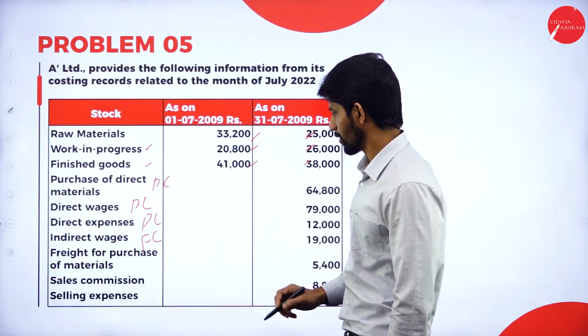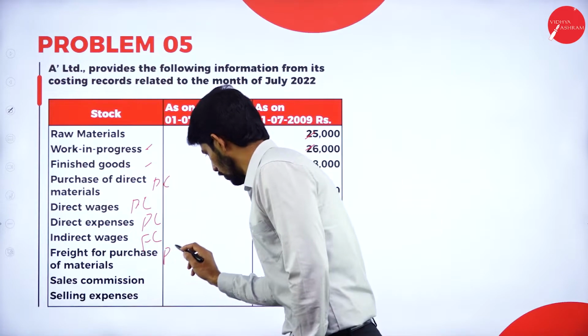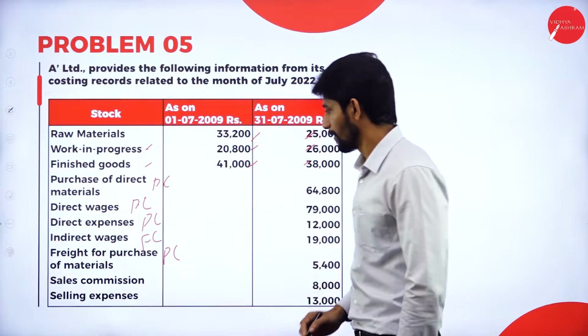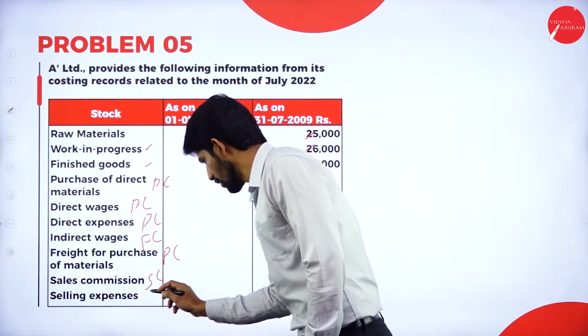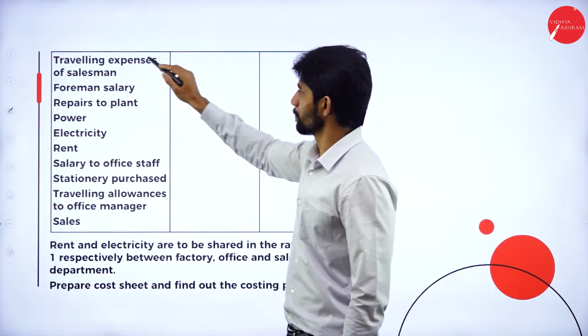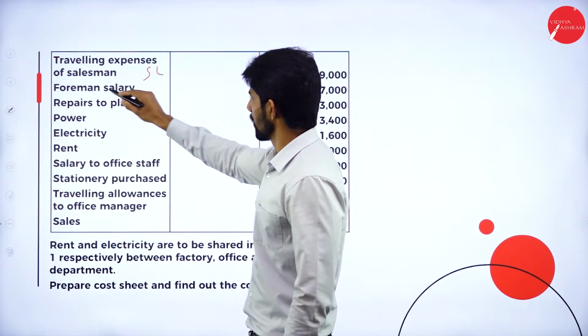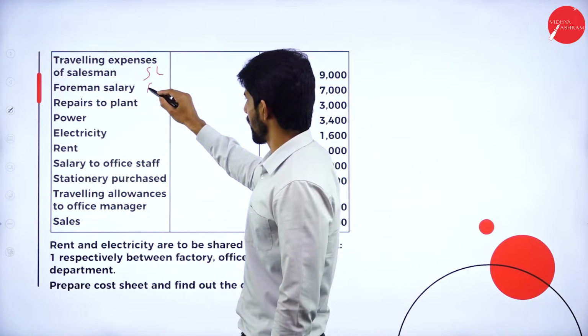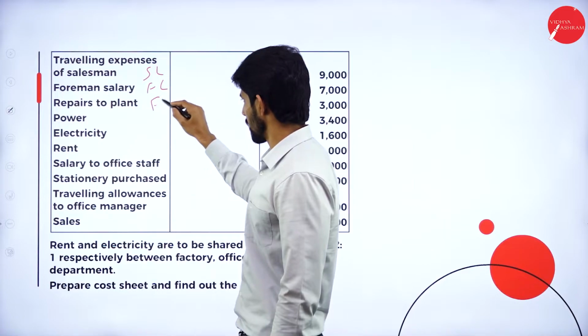Next, freight for purchase of material, this comes under prime cost, that is carriage inward. Next, sales commission, selling cost. Selling expenses, selling cost. Traveling expenses of salesman, selling cost. Next, foreman salary, factory cost. Repair of plant, factory cost.